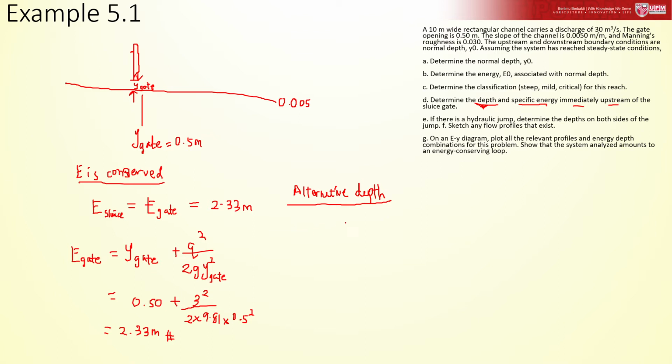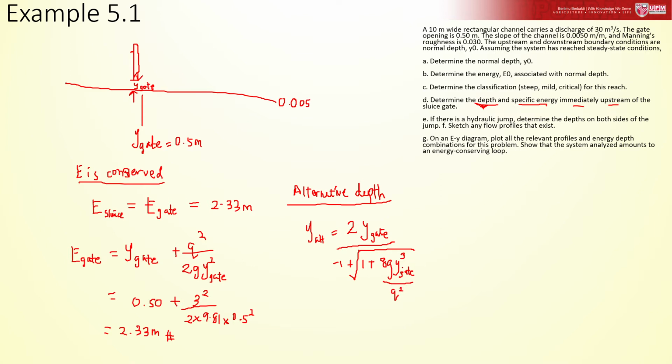Okay, so alternative depth, ALT, I put it like this, is equal to y gate over 2 times -1 plus square root of 1 plus 8g y gate to the power of 3 divided by Q to the power of 2.